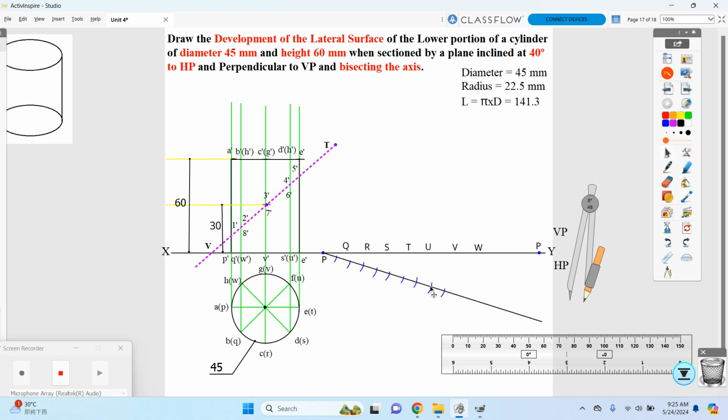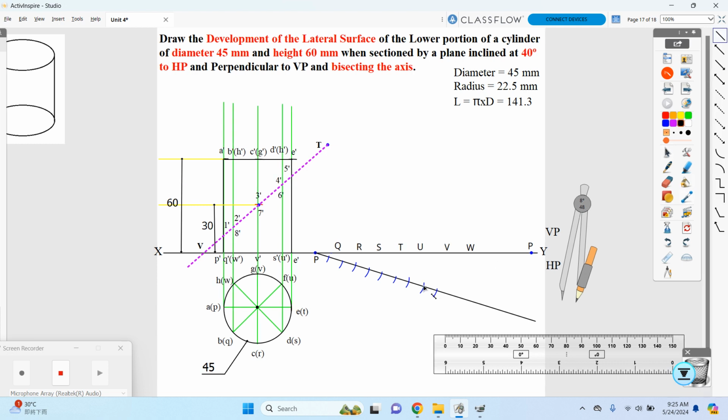From this point to P, from here to here.